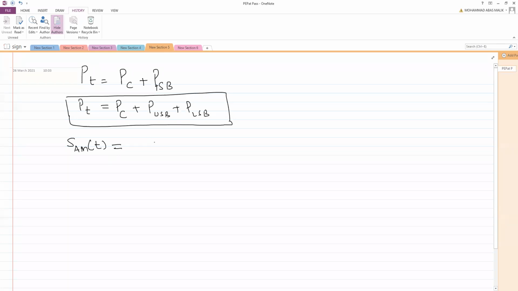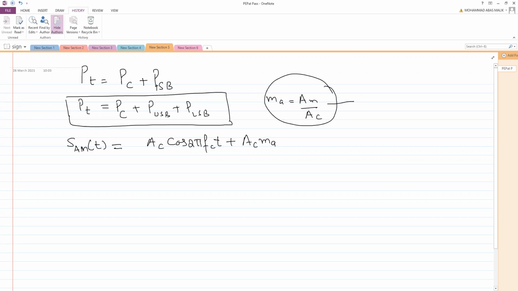So this is equal to AC cos of 2 pi FCT plus AC MA, where MA is the modulation index. It's equal to AM by AC, right? This we studied yesterday.